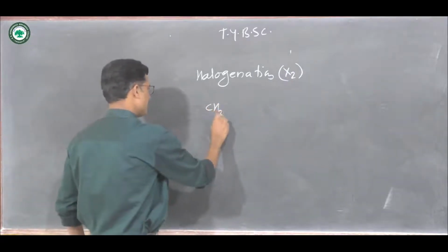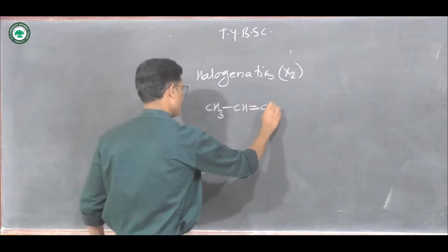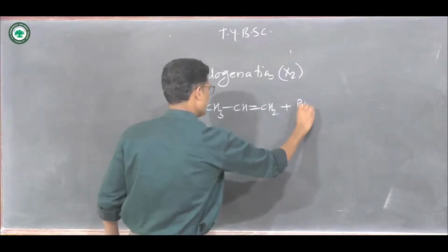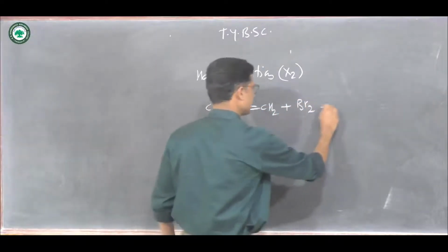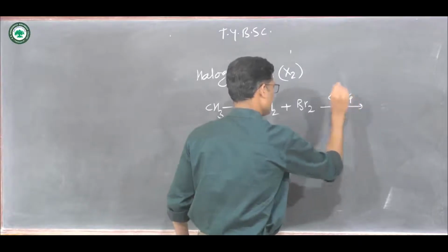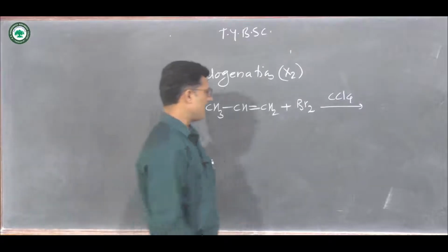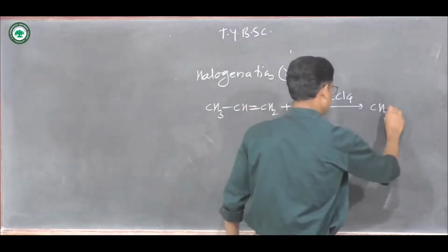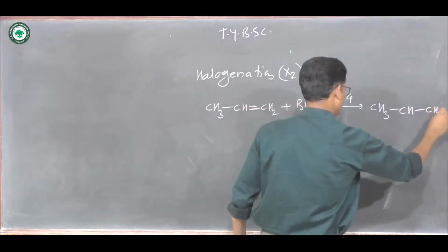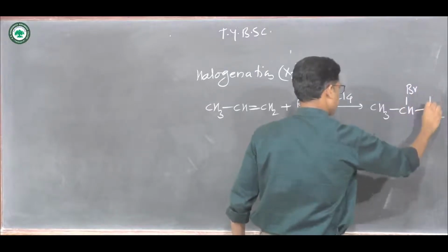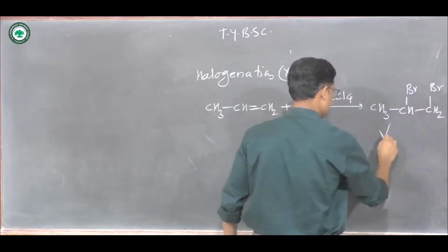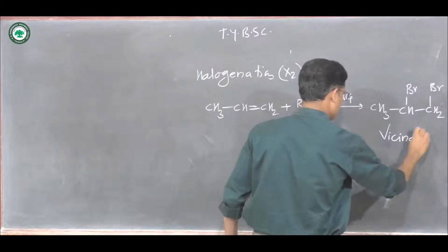We take one simple example. Suppose the addition of Br2 takes place in an inert solvent, carbon tetrachloride, and there is a formation of vicinal dihalide.